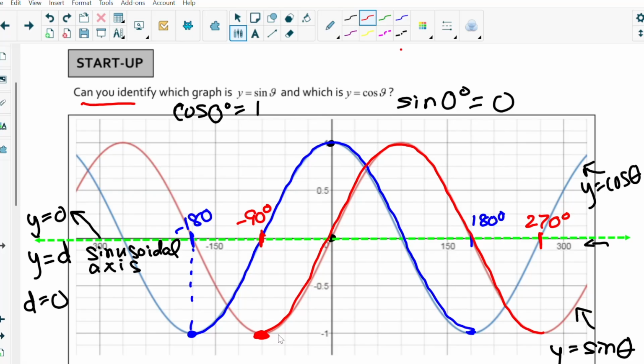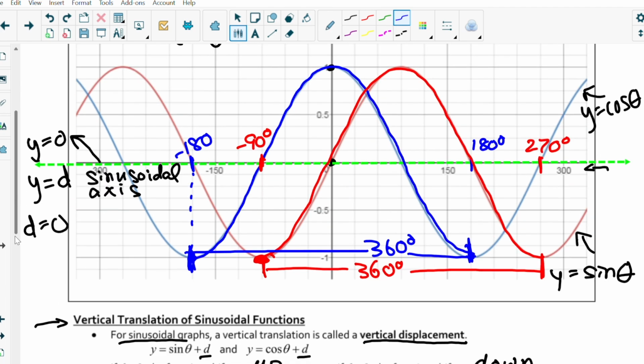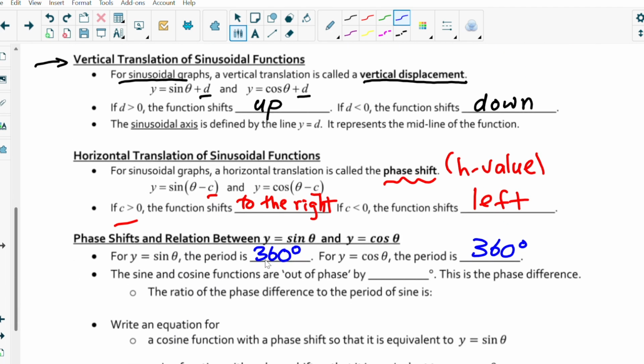One full cycle is 360 degrees. And for the cosine, that's also 360 degrees. So our two periods are 360 degrees.